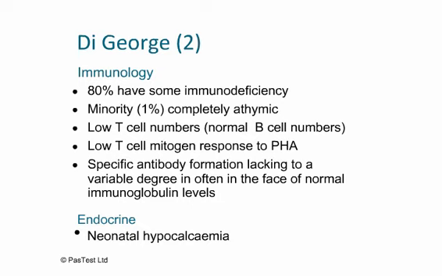They frequently have a slightly impaired T-cell proliferative response to PHA, and there's a variable degree of abnormality in their specific antibody responses. That can be despite having normal absolute immunoglobulin levels, illustrating the importance of checking specific vaccine responses in addition to the absolute numbers.